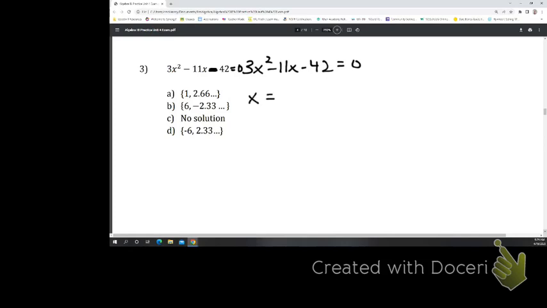So opposite of B, so positive 11 plus or minus 11 squared is 121 minus 4 times A, which is 3, times C, which is negative 42, all divided by 2A. 2 times 3 is 6.